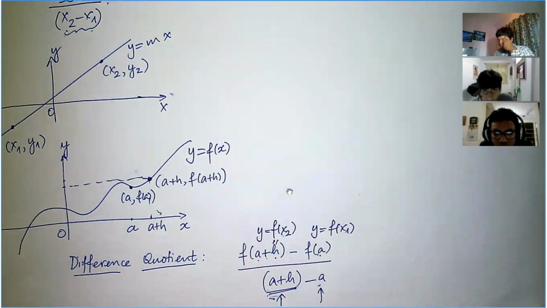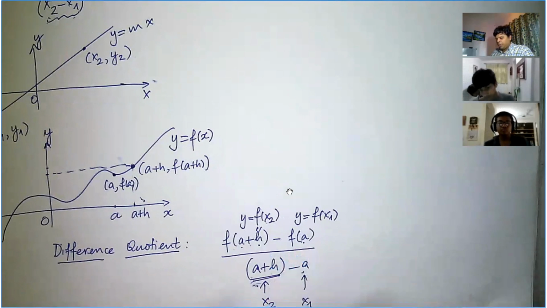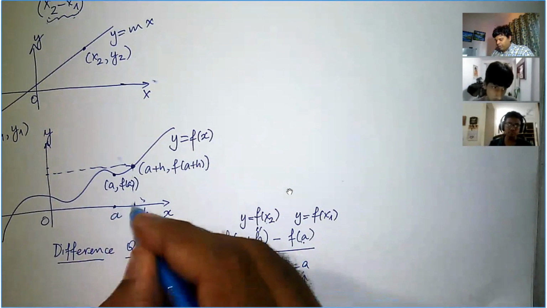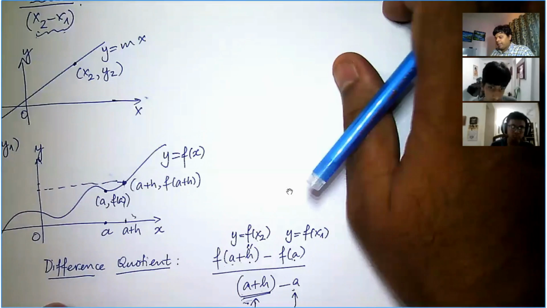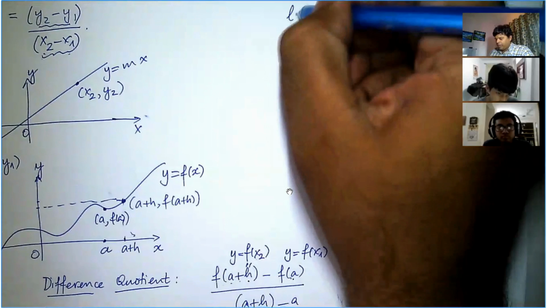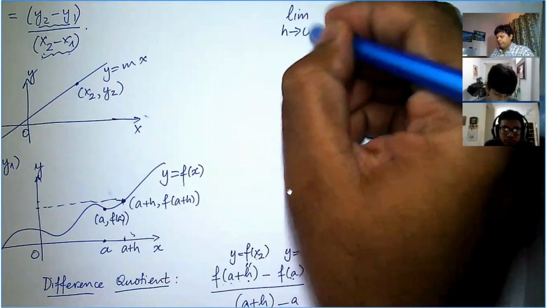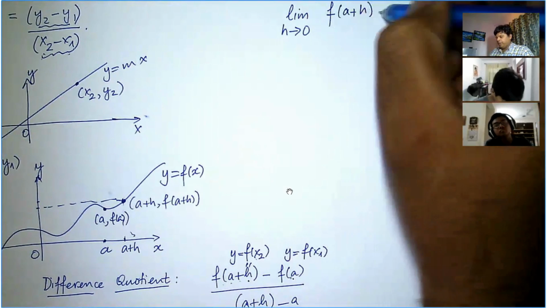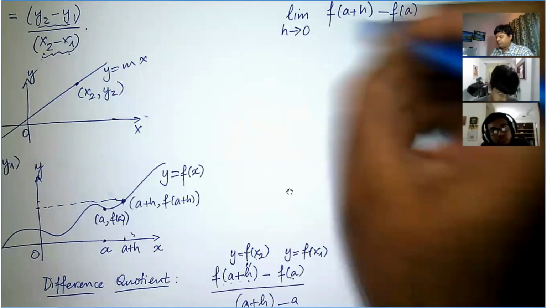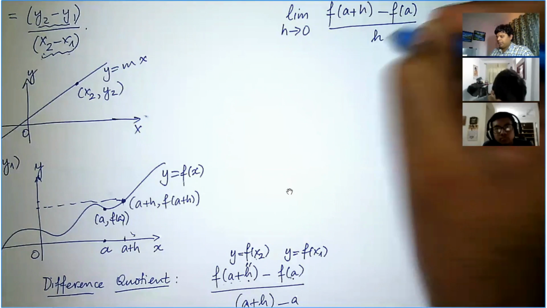But now what I'm going to do is let this h, if a was here, a plus h was here, go to 0. In the limit, as h goes to 0, f of a plus h minus f of a divided by h.